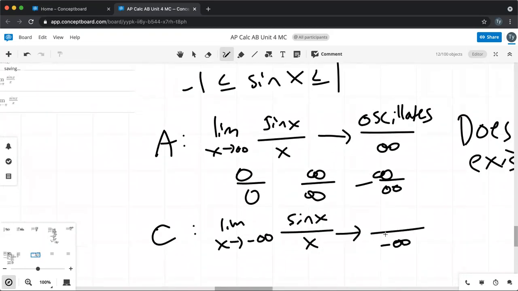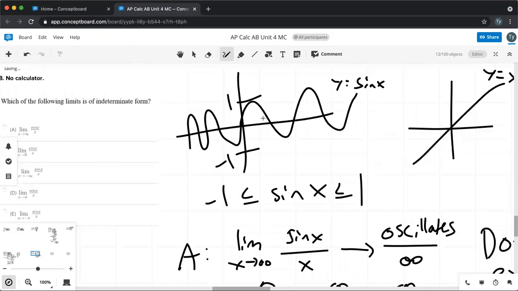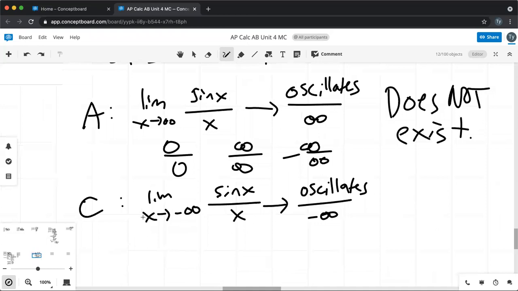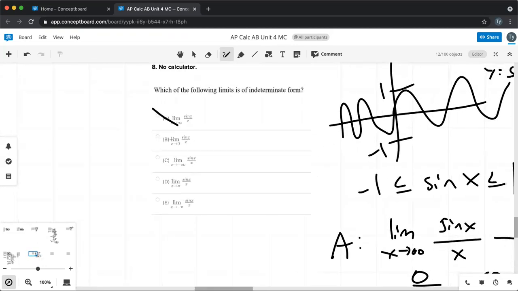So x will go to negative infinity, whatever, but sine of x still oscillates as we keep going this direction on the graph to the left. It just keeps going. Okay, so with the same reasoning as part A, the limit in part C does not exist, but again, is not an indeterminate form. So we can automatically cross off these two, A and C.